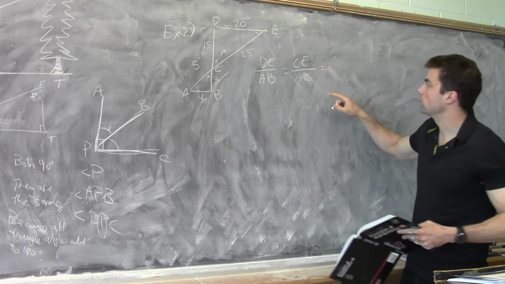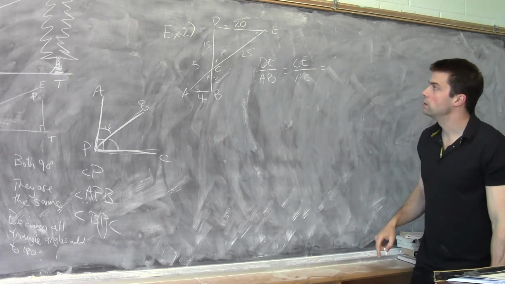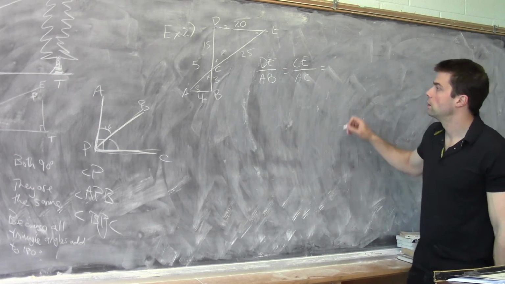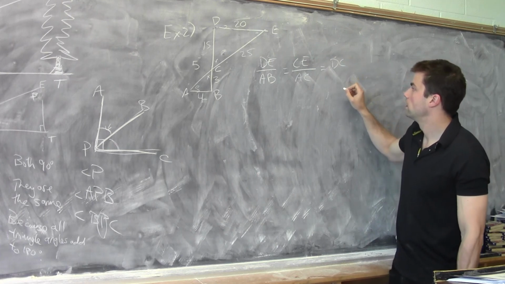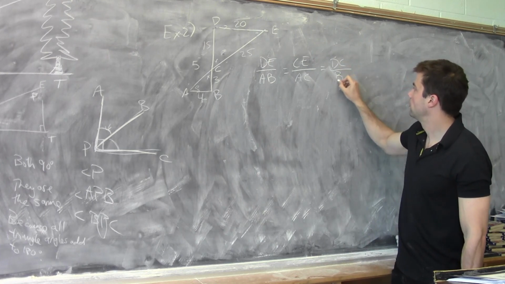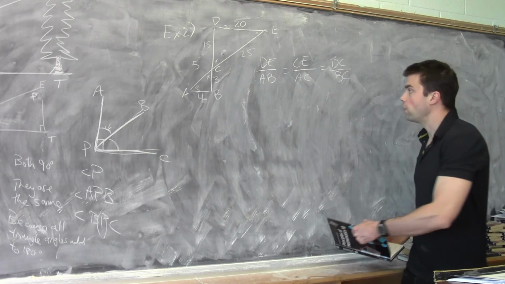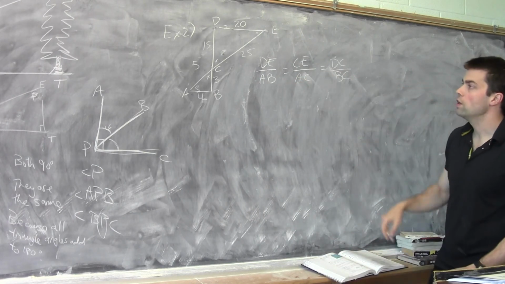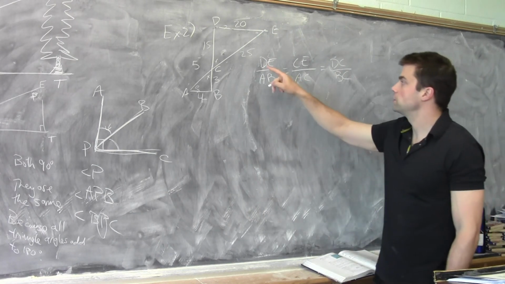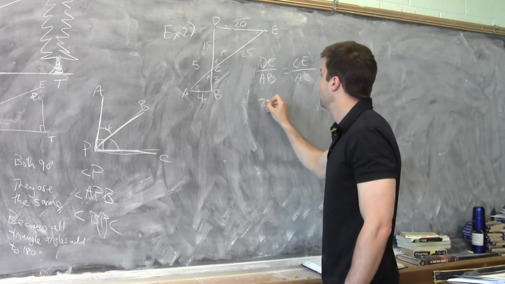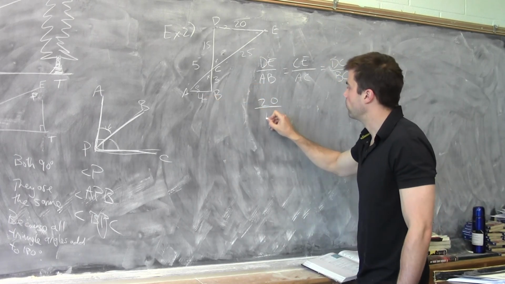So finally, the last one then. Luigi, what's the third side? It's equal to DC over BC. Excellent. So if all these ratios are equal, then we know they're similar triangles. So let's now just fill it in. DE is 20 over AB is 4.